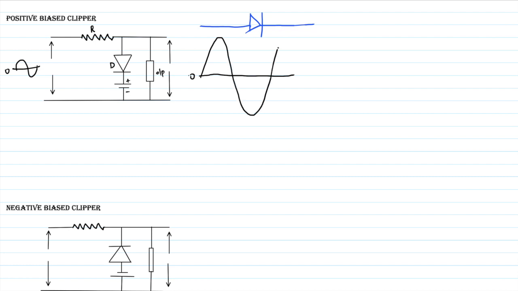This is the waveform. So I'll consider 6 volt. So 1, 2, 3, 4, 5, 6. And similarly -1, -2, -3, -4, -5 and -6. So 6 volt signal I have considered, and now I am passing the signal to the clipper, that is positive biased clipper. So what will be the output?